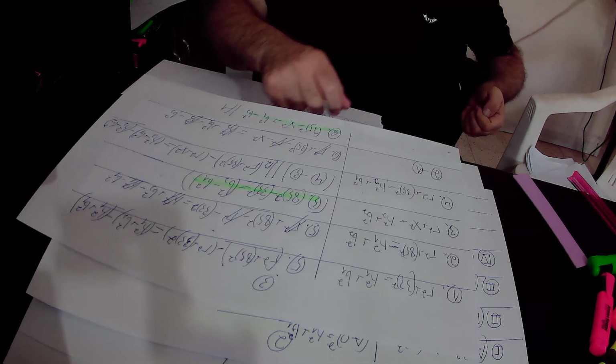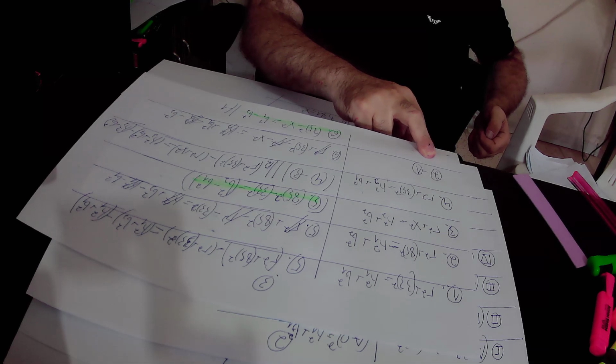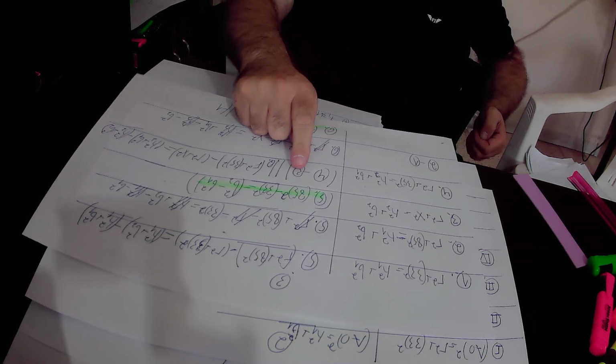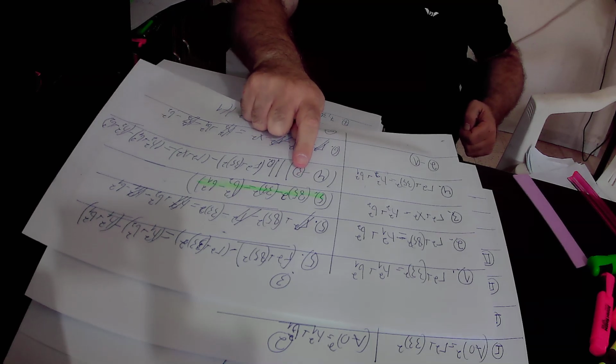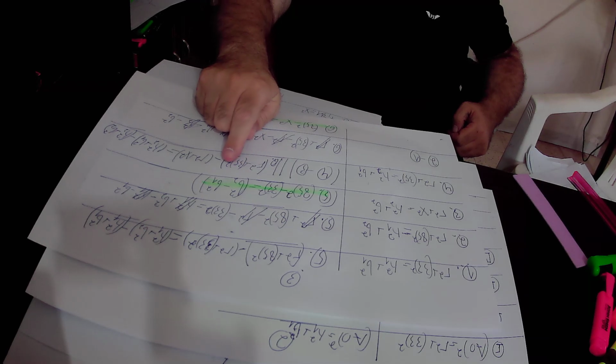Then we subtracted equation number 1 from equation number 2, and in this way we created equation number 5 that states that 85 square minus 33 square equals b2 square minus b1 square.